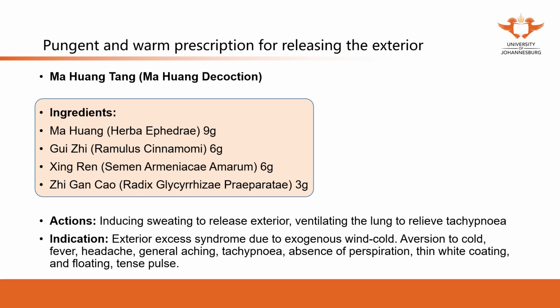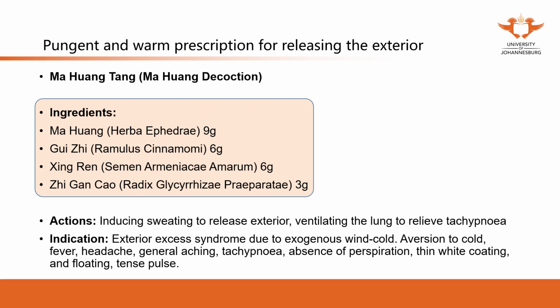There's one more clause that discusses mahwangtang. The author described that a patient presents with a floating tense pulse with no sweat, but the patient presents with bleeding. This bleeding can be nose bleeding or bleeding under the skin. In this situation, we also use mahwangtang.